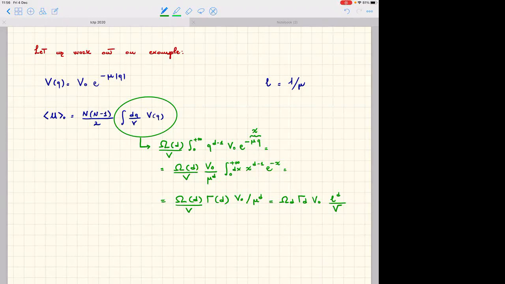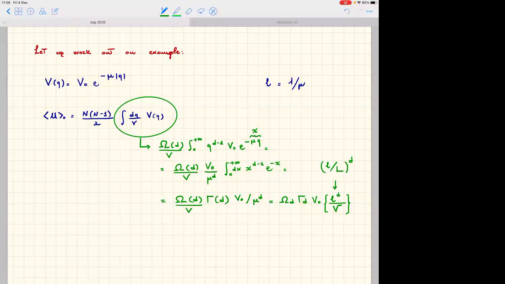So I have the ratio of L, the linear size of my system, to the power d. L is the typical scale of decay of the interaction. The interaction is decaying exponentially on that scale. Okay?